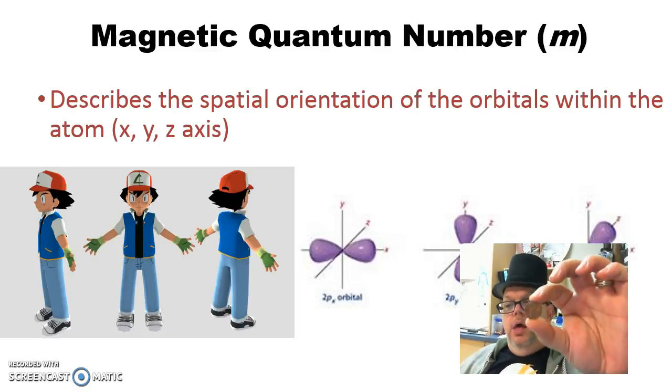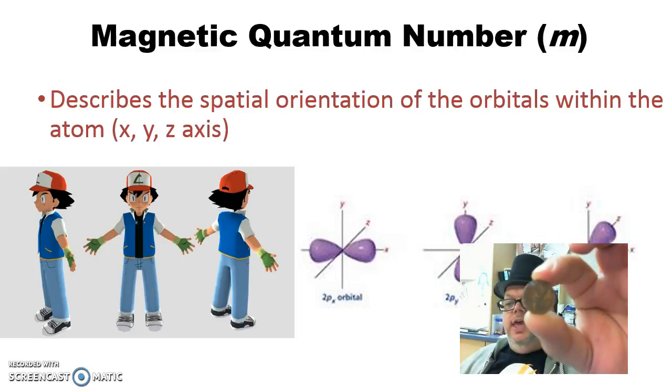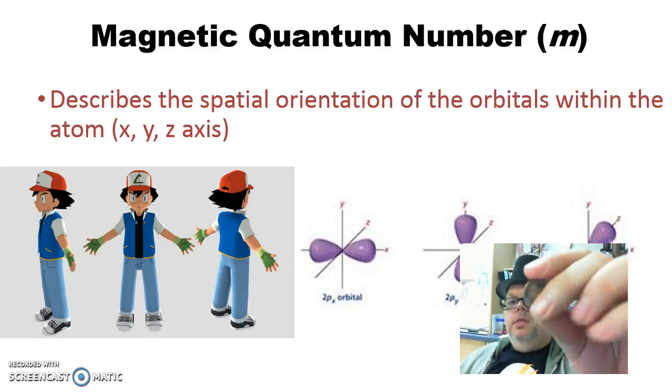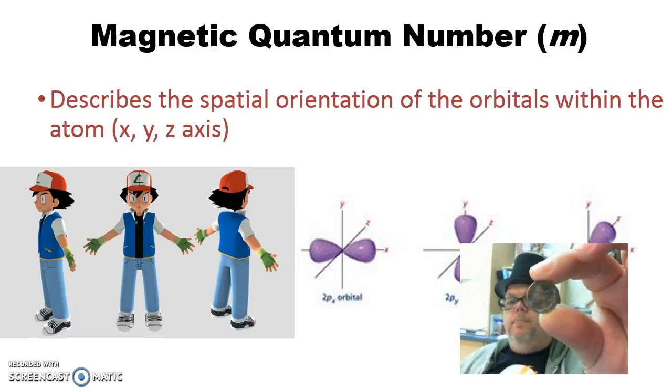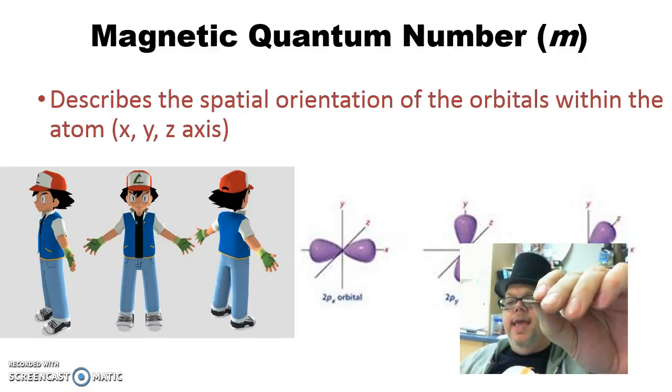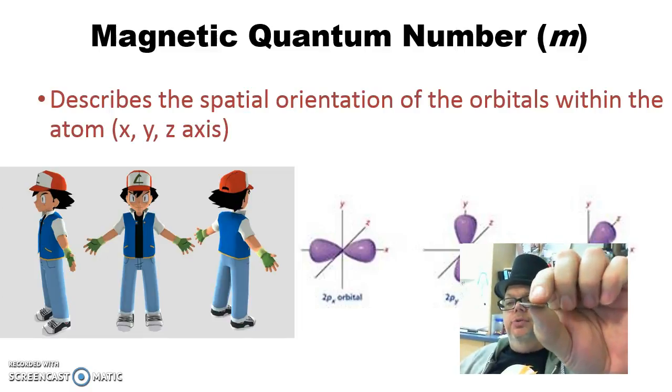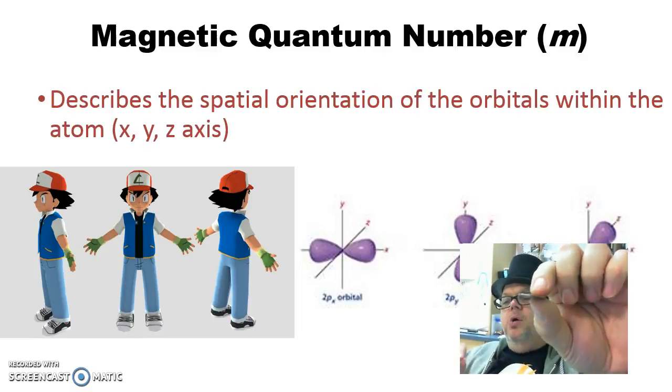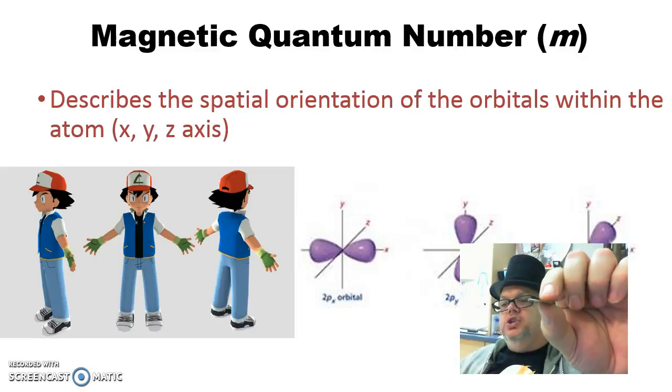Another example of spatial orientation: I have here a penny. Notice the head is upside down. So we got the head. Flip it, and we have the back of the penny, the Lincoln Memorial. It's an old one. Now we can flip it again on its side, and notice how thin the side is. This is what we mean by spatial orientation.